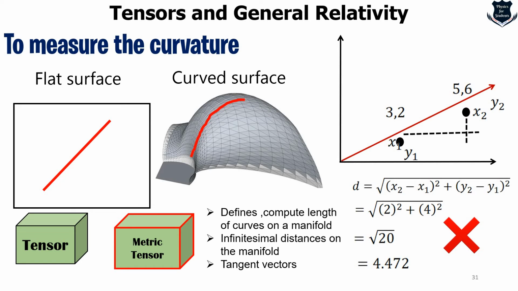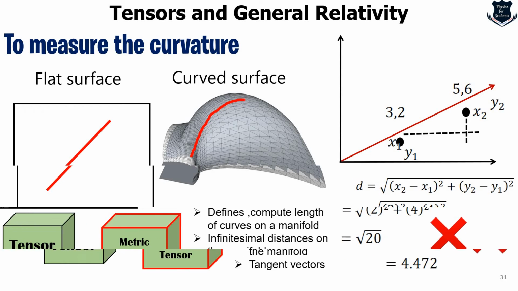Because we need to define and compute lengths of curves on a manifold, infinitesimal distances on the manifold, and we need tangent vectors. So the basic idea is the same, that the entire measurement, the entire formula, is going to change. And this distance formula, or the Euclidean metric, is not going to work out. And that is why we need tensors.